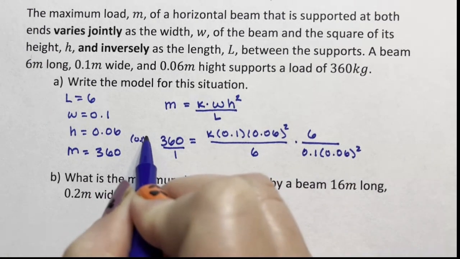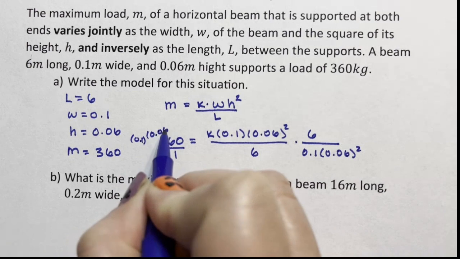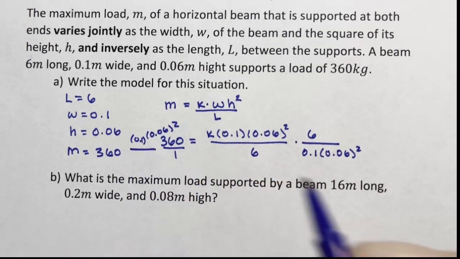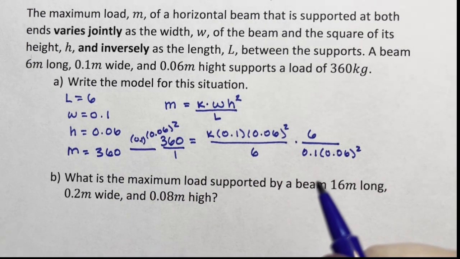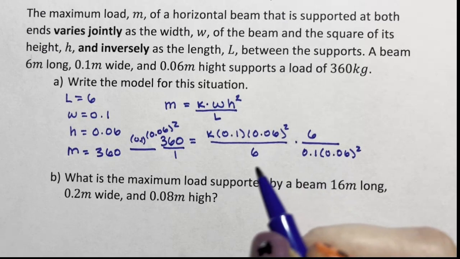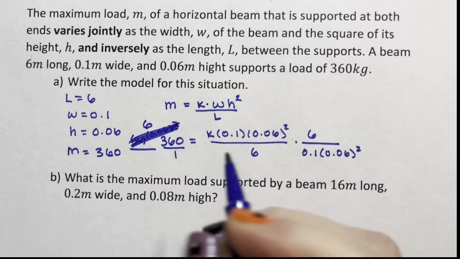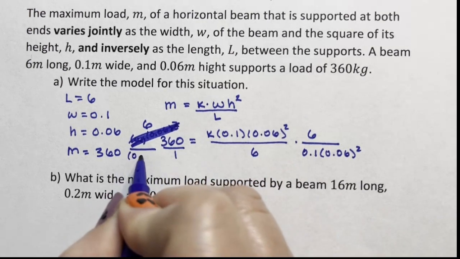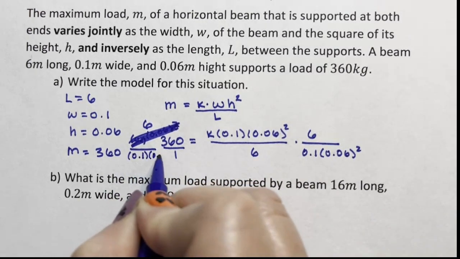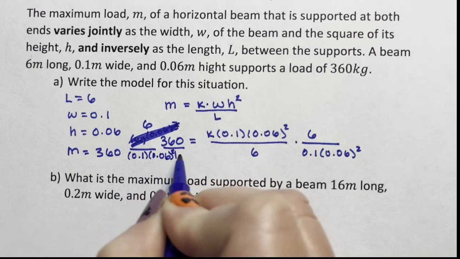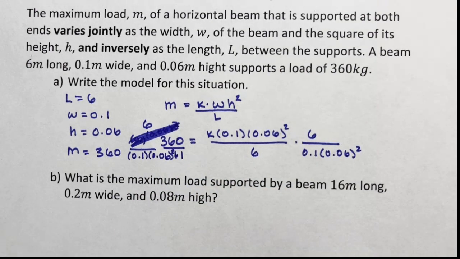Sorry, I should have left more room. This should all be 6 divided by 0.1 times 0.06 squared times the 1 that is down there.